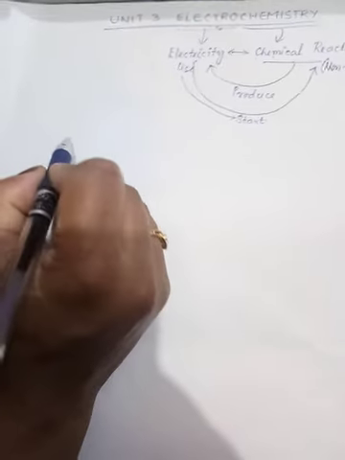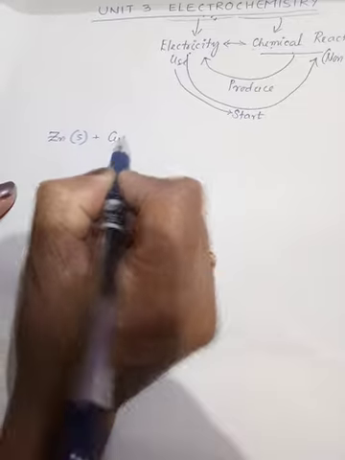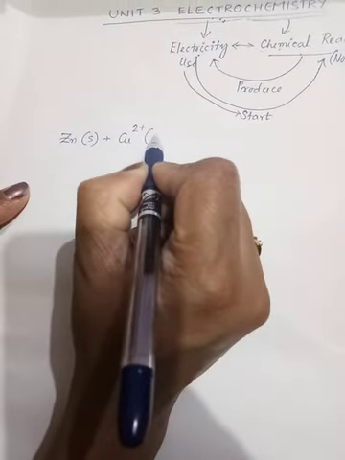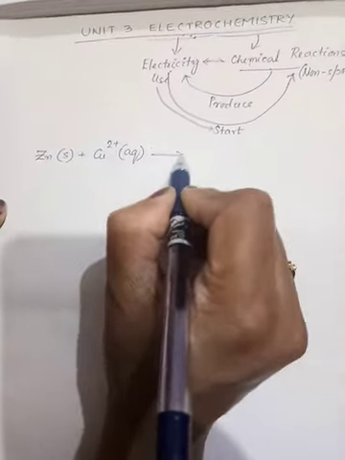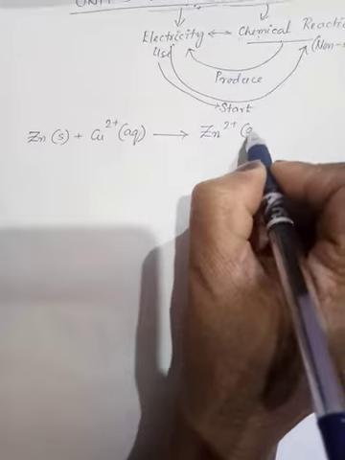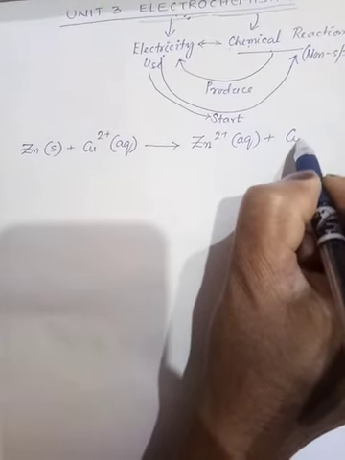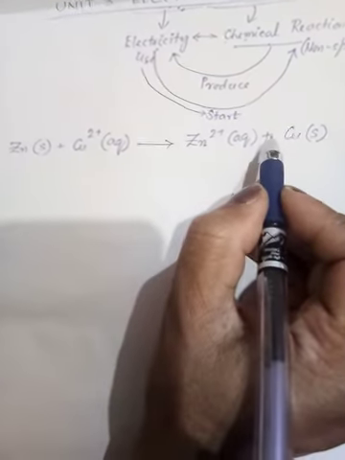Daniel cell is a reaction between zinc solid and copper sulfate, where we write it in this way, striking off the sulfate. What does it produce? It produces zinc sulfate and copper solid. Now how does this reaction occur?